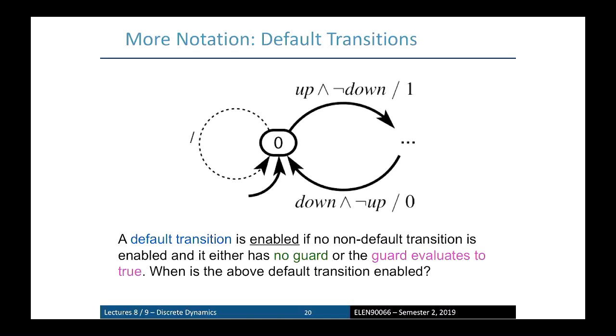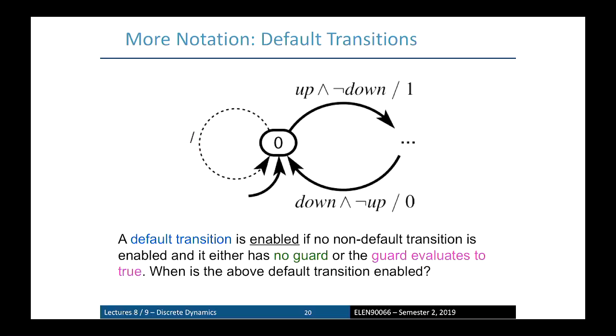So sometimes you'll see on diagrams drawn these ghost transitions. They're called ghost transitions because they have dotted lines, and they're just called default transitions. A default transition looks a little funny here, in that it doesn't have a guard and it doesn't actually specify an output.